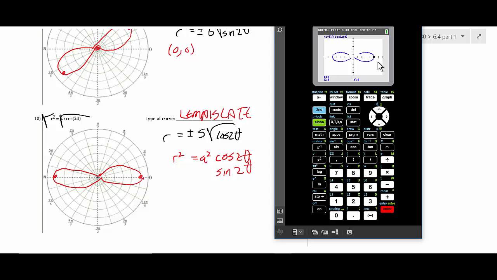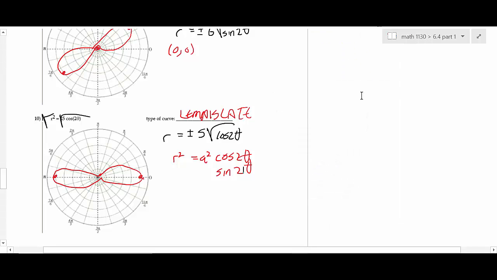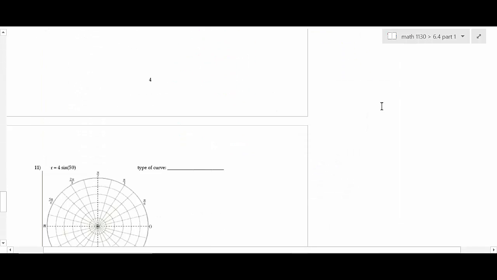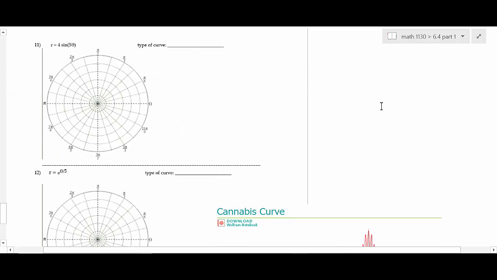Now if you just press your right cursor key, it should trace through there. It depends on which model of calculator you have. I usually just put in an initial point of 0 and then trace to see the order it goes through the curve. All right. Anybody else have any trouble with the calculator? Okay. Let's go to the next page then.